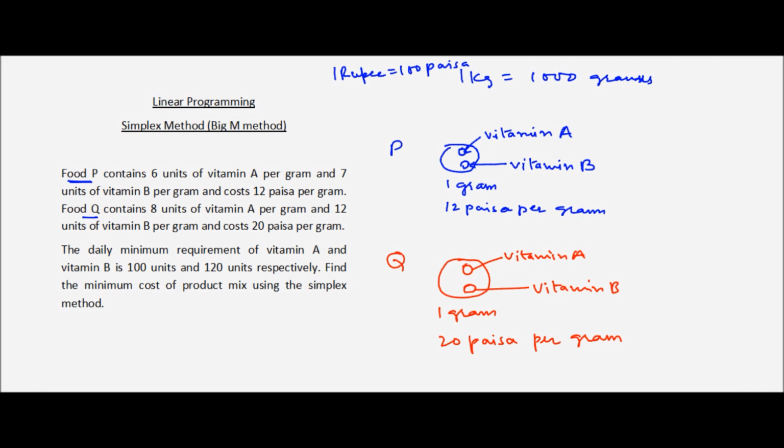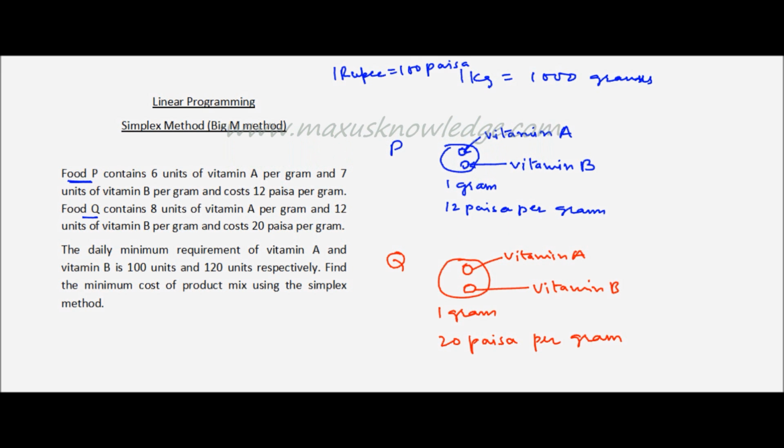Now the daily minimum requirement of vitamin A and vitamin B is 100 units and 120 units. So at the minimum we should take 100 units of vitamin A and 120 units of vitamin B. And we have to find the minimum cost of product mix using the simplex method.